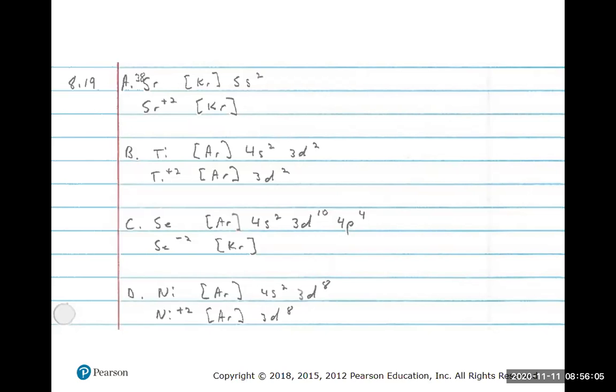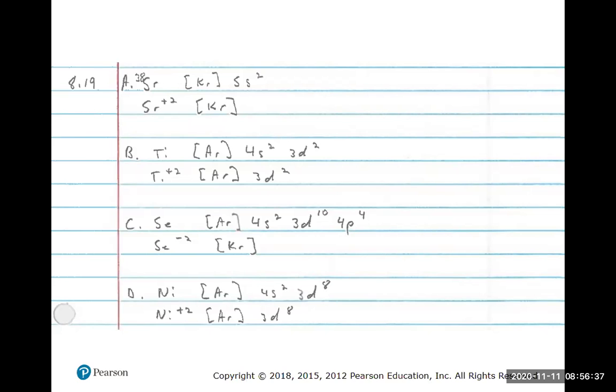That's why we lose the 4s electrons, because that quantum number is 4, so it's a higher energy than the 3 for the d electrons. So we lose the 2 4s electrons, leaving us with the argon core electrons and then 3d2. So we don't get a noble gas configuration with this ion.